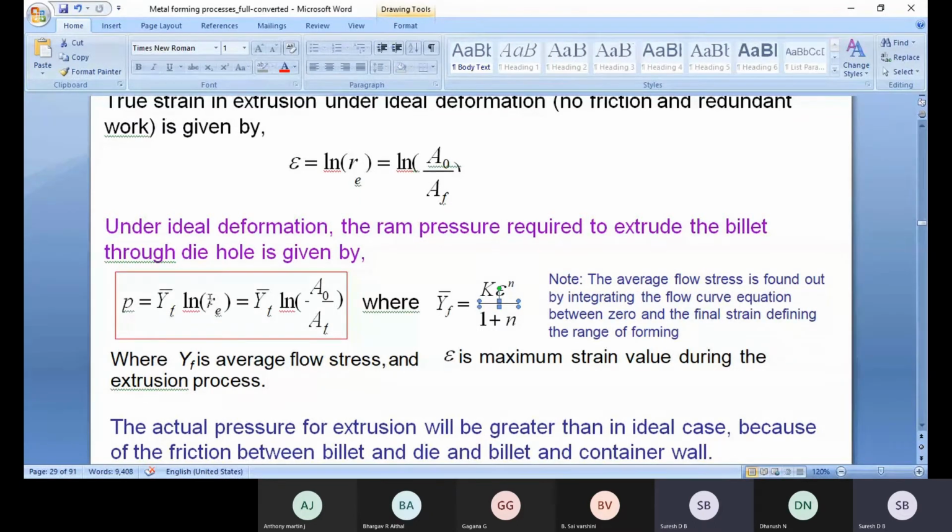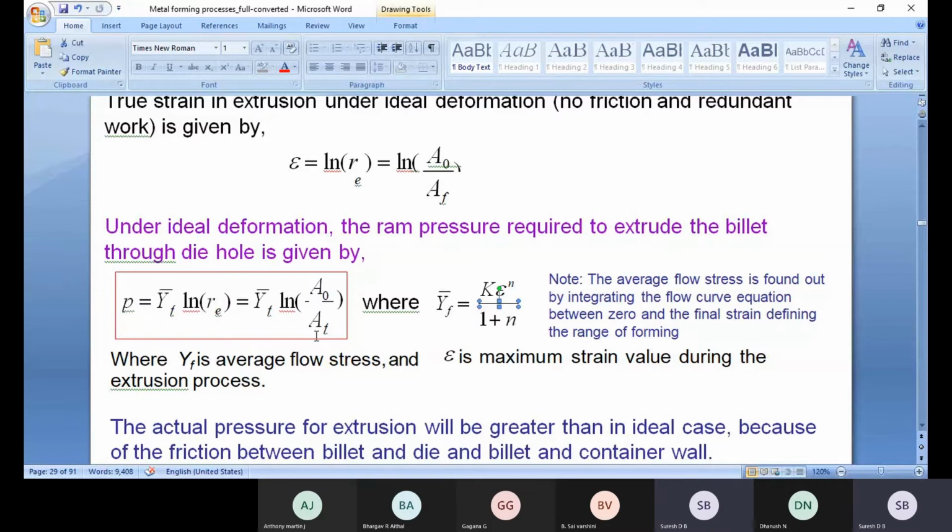This is the formula for finding ram pressure in the ideal condition. Ram pressure P equals Y bar suffix f into epsilon, where epsilon equals ln R suffix e, and R suffix e is the extrusion ratio, A naught divided by A suffix f.